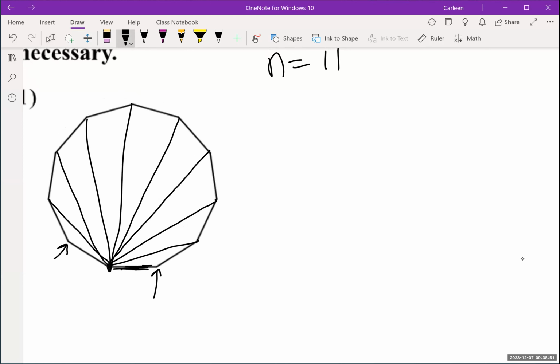Okay, so the question is, how many triangles when there's 11 sides? So let's count them. 9 triangles. Do you see that when I had 11 sides, I didn't get 11 triangles? I got 9 triangles. And what do we know about the sum of the measures of the interior angles of each triangle?